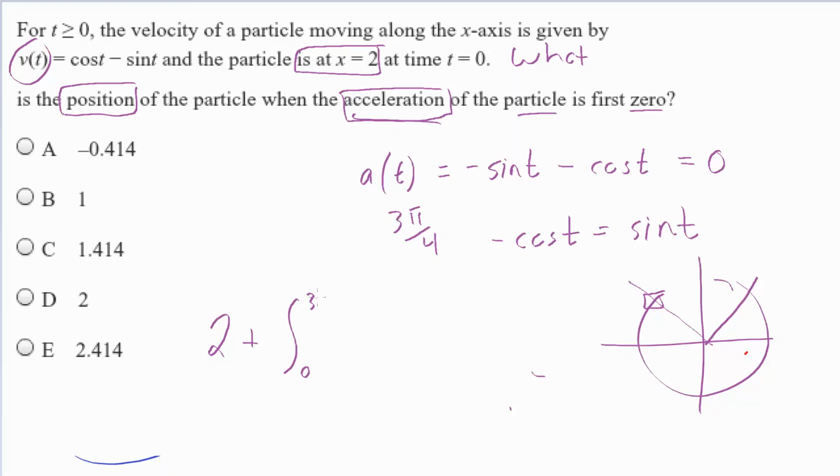From 0 to 3 pi over 4 of cosine t minus sine t. I do believe this is calculator active, so you could just put v of t into your calculator. But I think that should add up to 2 plus negative 1. So we've actually gone back 1 in that time. So therefore my position will be at 1.